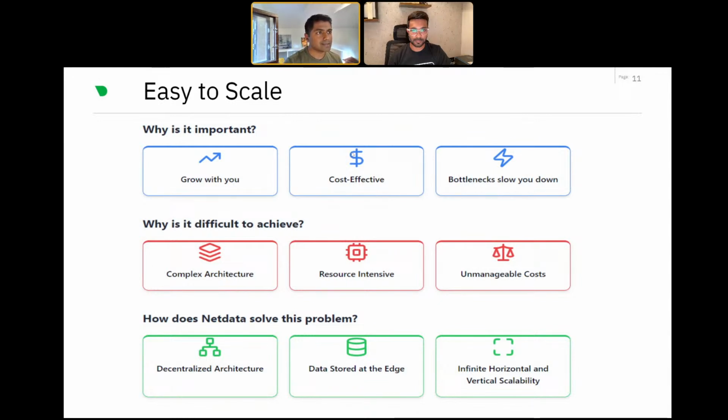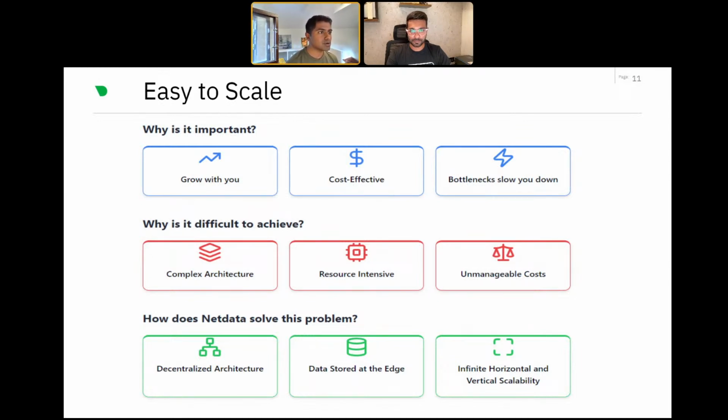The second point is cost effectiveness. I think we've touched upon this a few times, but let's say that you're growing and you're going from 100 servers or systems or cloud instances to 1,000 because things have gone well, more users are using your product, and you're growing.